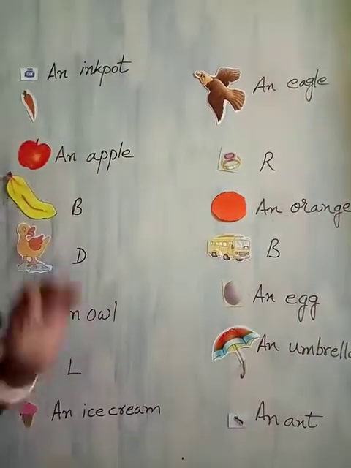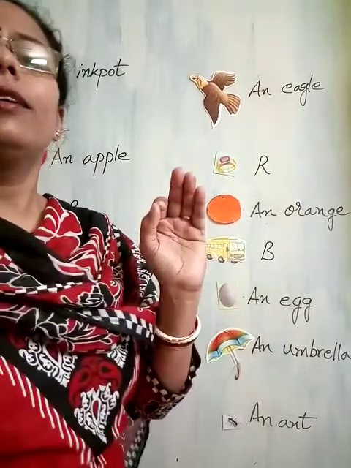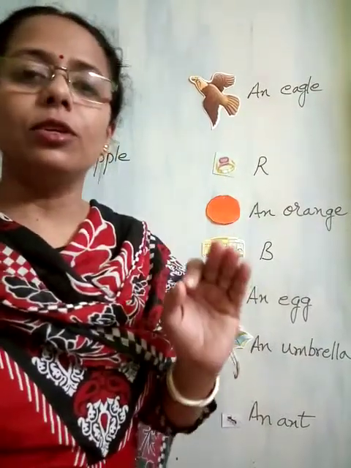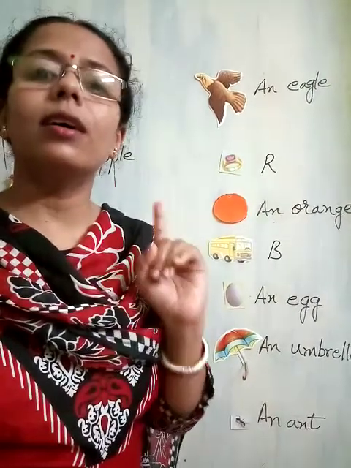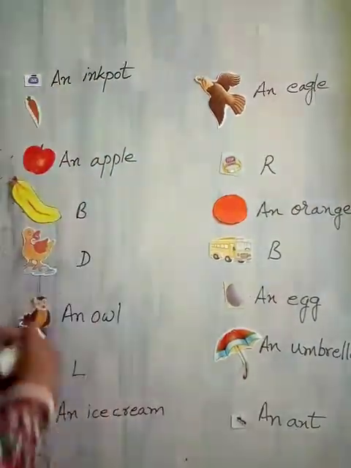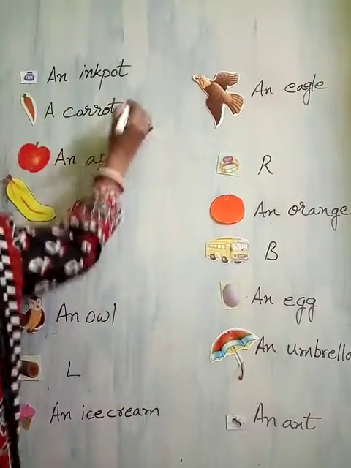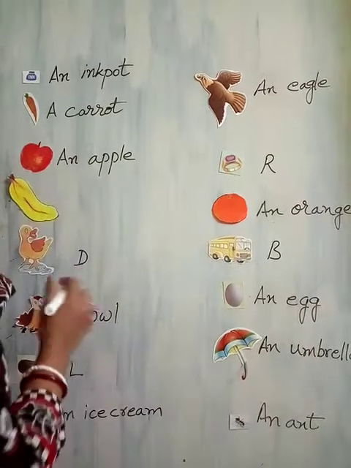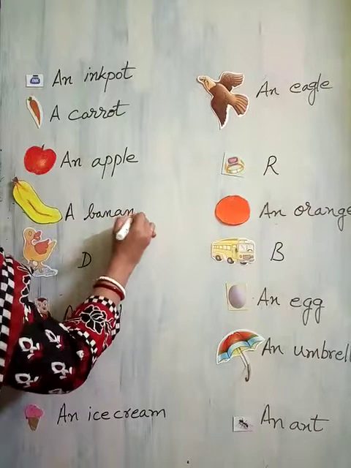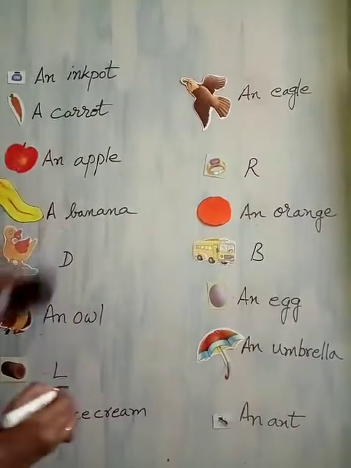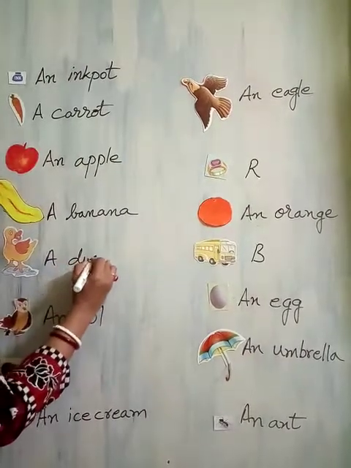Now, what about these? What are we using for the words which start with consonants? We are using a. So, we are going to write a carrot, a banana, a duck.